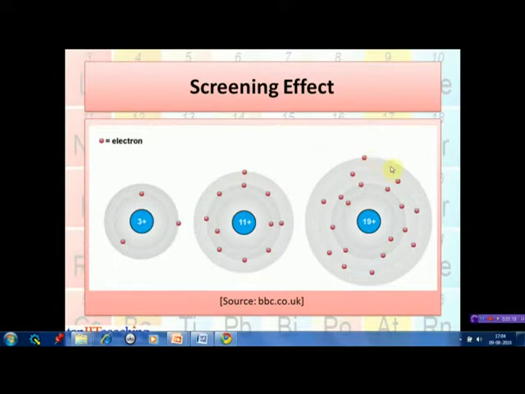The same is the case with potassium, in which the outermost electron, that is the valence electron, is in 4s orbital and experiences much lesser attraction by the nucleus due to the presence of these inner electrons.